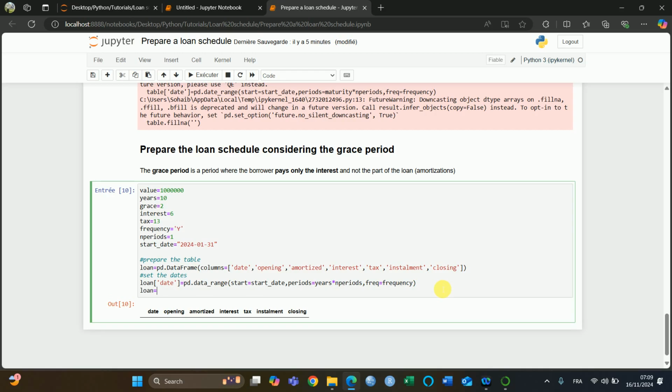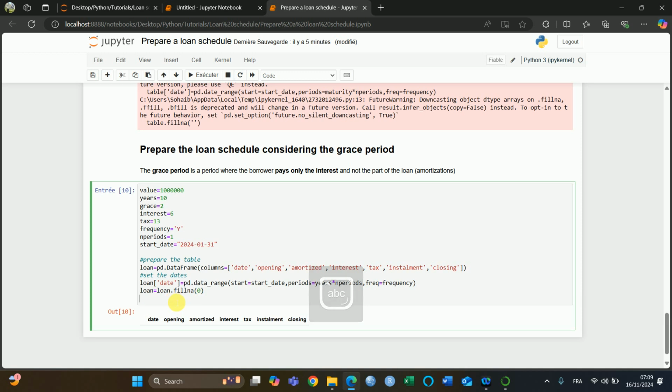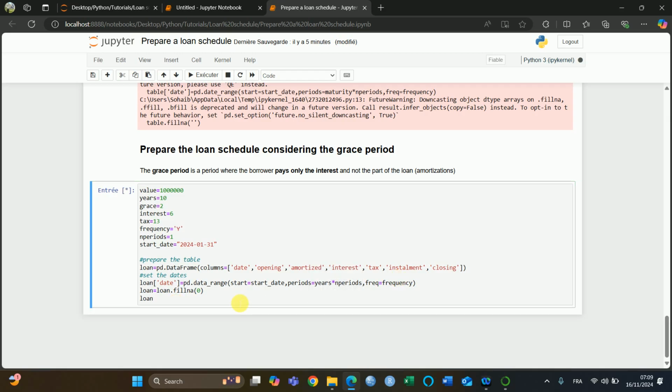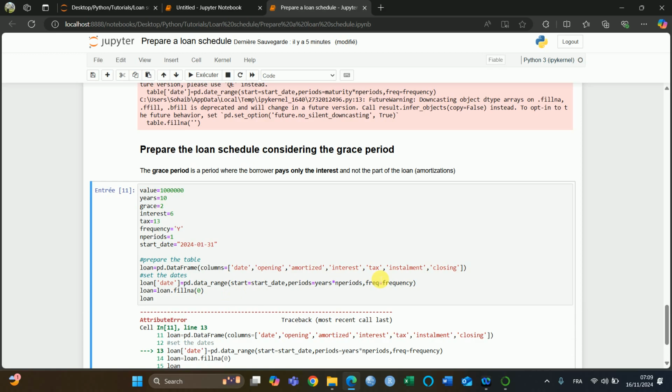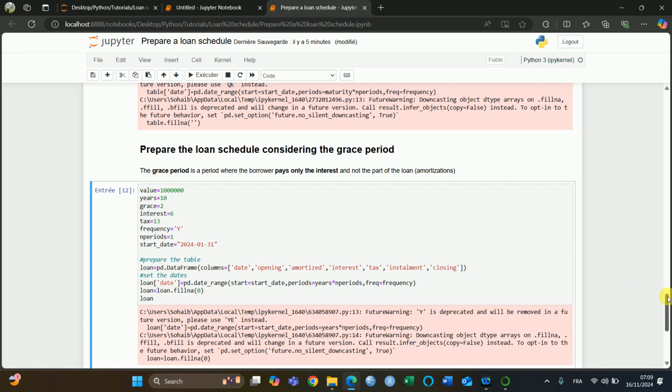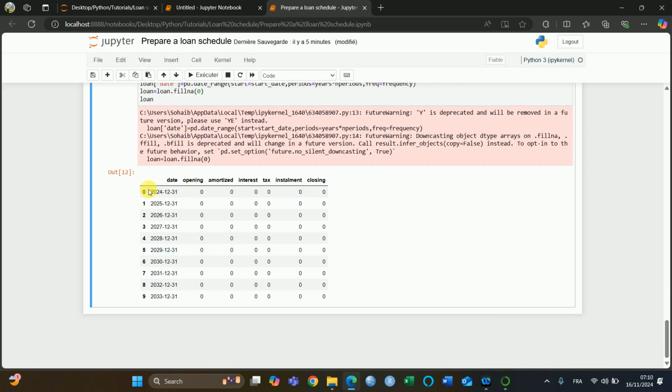And we fill the none value, which will be the other data, as 0, fillna 0. So these are the column date.